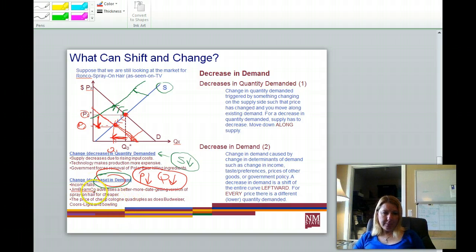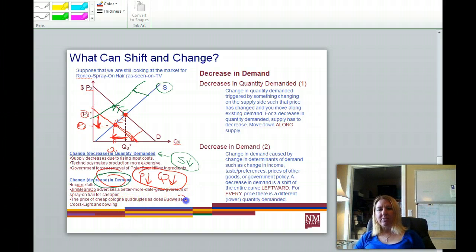Some of the examples of what might cause a decrease in demand: you could have income falling, or let's say there's Jim Beam Company, and they begin advertising on a very snazzy infomercial a better and more date-getting version of spray-on hair, and it also happens to be cheaper. Or the price of cheap cologne quadruples, as does Budweiser, Coors Light, and a trip to the bowling alley.